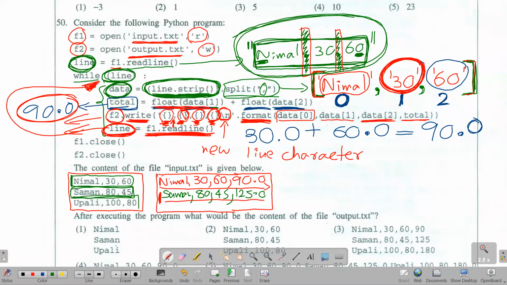Then Upali 180 will be read again from this, goes up, and Upali 180 is going to happen the same way. Upali, 100, 80, 180.0. So which brings us the answer of the fourth one.